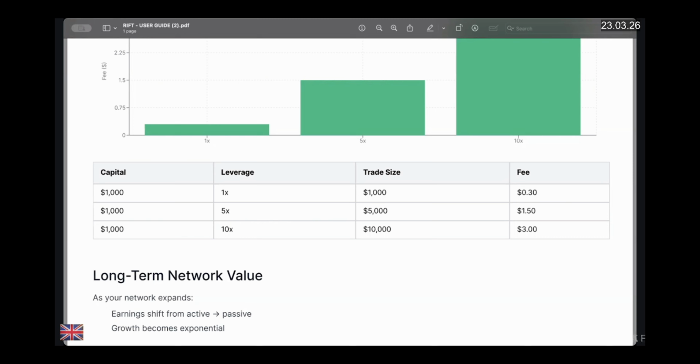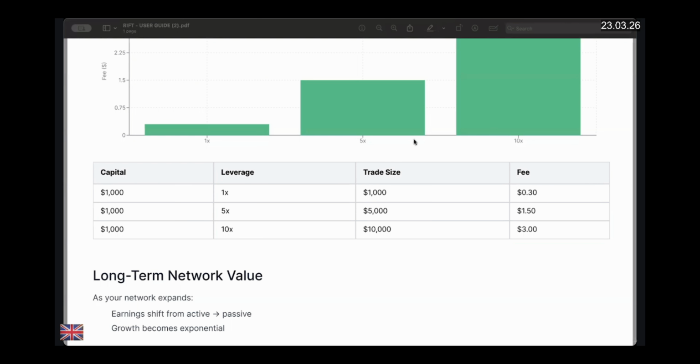Did I tell you guys how much volume we have traded so far on Rift till yesterday? Till yesterday, we were at $199 million worth of trading volume, and it's crazy.